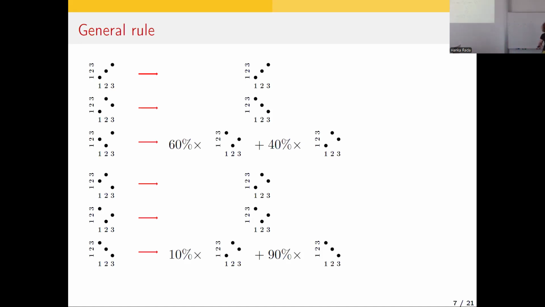But always the rule is a stochastic matrix, so the probabilities sum to 100%.